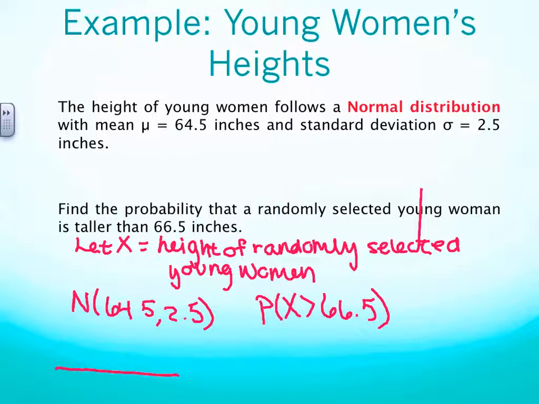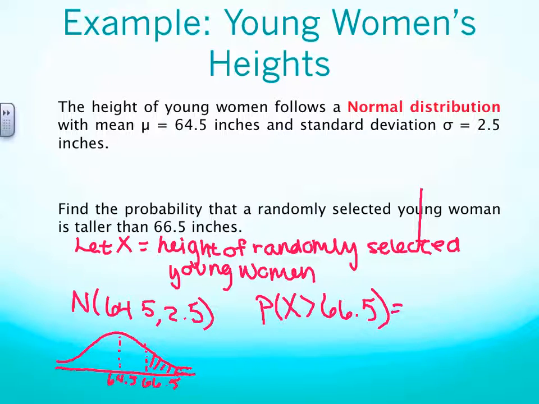Our quick sketch: here's our mean at 64.5. We are looking for the area under that part of the curve.